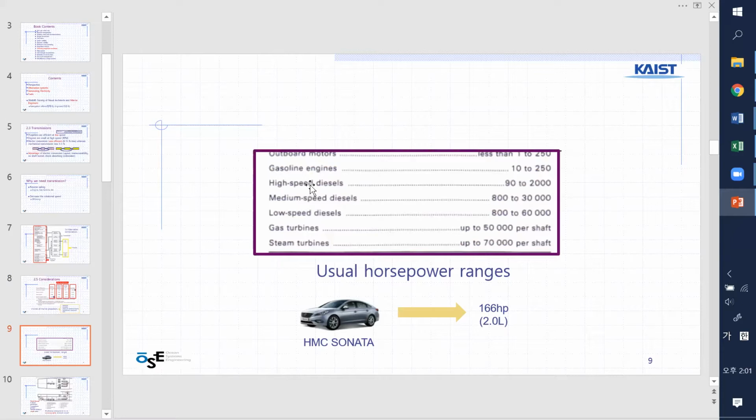High-speed diesel for buses or small ships is up to 2,000. Medium-speed diesel and low-speed diesel go up to 60,000 horsepower. Gas turbine, 50,000. Steam turbine, 70,000 per shaft. So nuclear power usually uses a steam turbine.